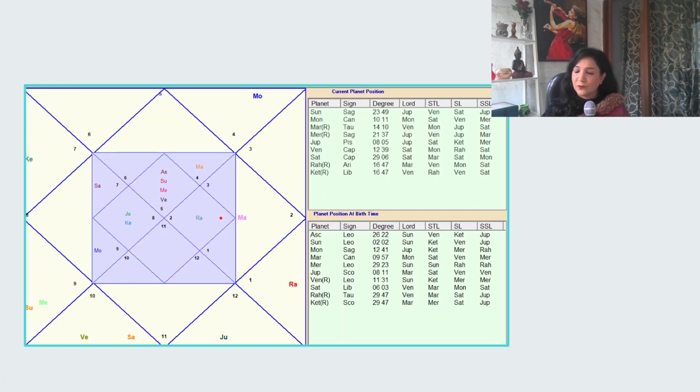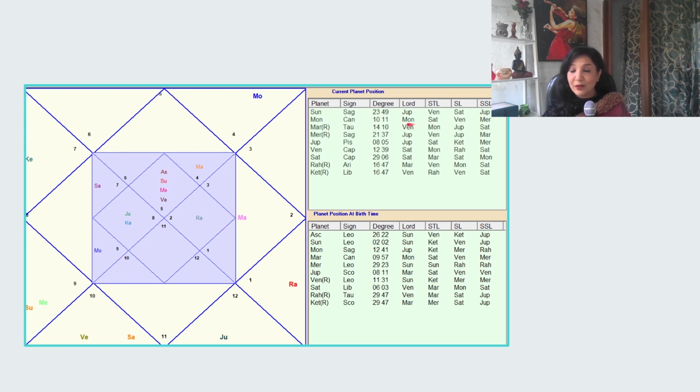Now again come to this figure. You can see the transit moon is in Cancer sign. Like the transit moon of today, when I am making the video. Okay, by the time you see this, the moon will be in Leo sign. So don't get confused.